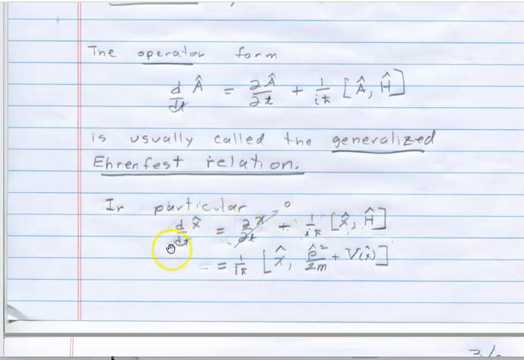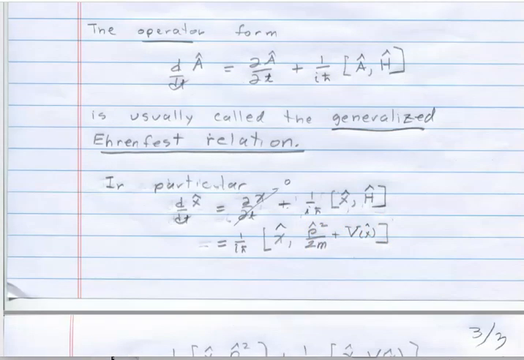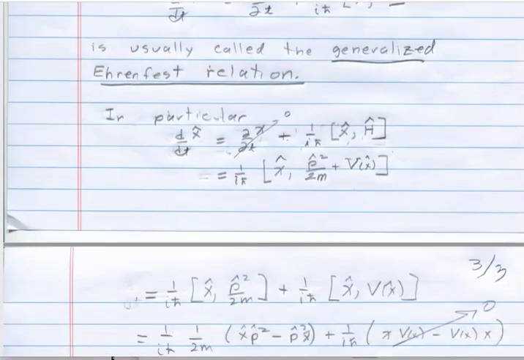And so we immediately get just this commutator portion. For the standard case in one dimension, the Hamiltonian becomes the momentum operator squared over 2m plus the potential, for a particle of mass m moving in a potential energy V.